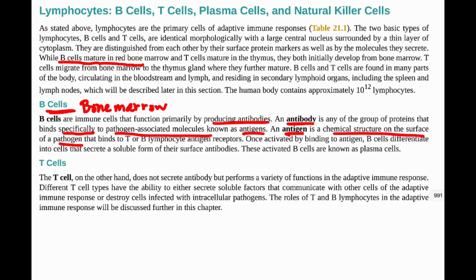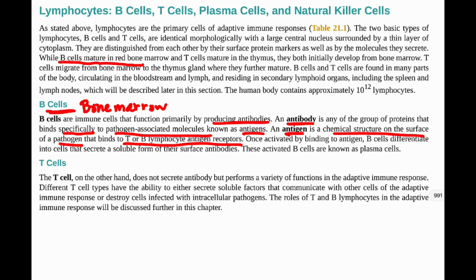So it's going to be floating around and attach to this antigen, and then it's going to go through a system of getting rid of that cell that it has now attached to because it's a pathogen. So it binds to a T or a B lymphocyte antigen receptor. Then we're going to get rid of that pathogen, get rid of that cell that had the antigen on it, and we found that cell by the floating antibody.